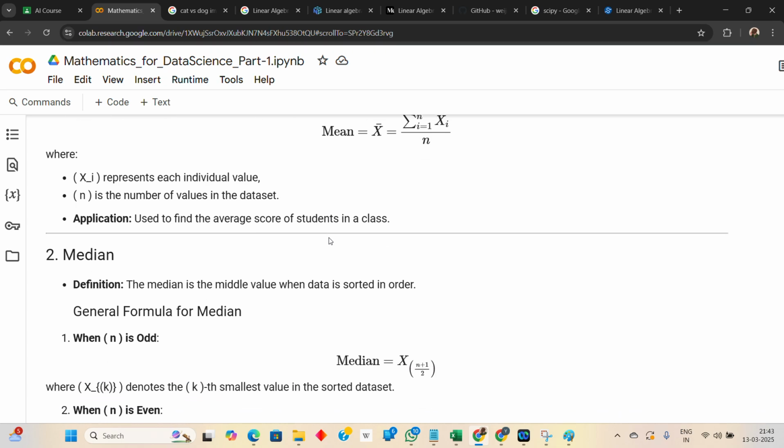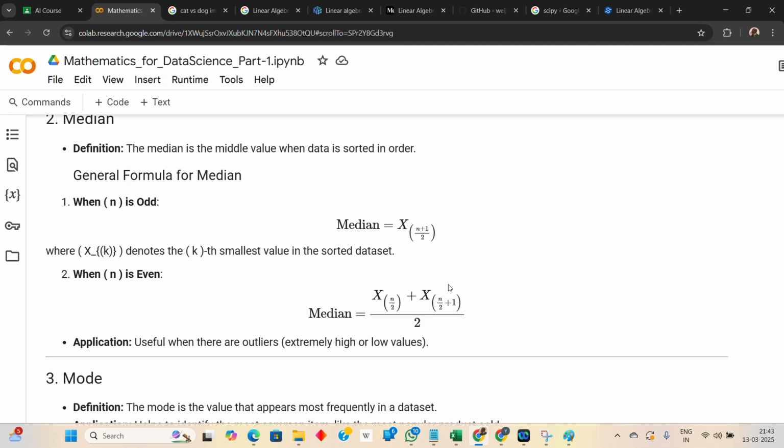Median: whenever we have outliers, sometimes the mean may not provide accurate or closest data. In that situation, median helps us get the closest data. Median is the middle value, so we don't consider the outliers, which can be at the starting point or at the end. Where mean fails, the median gives a better value.